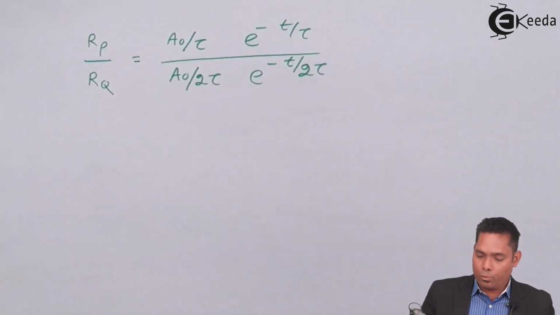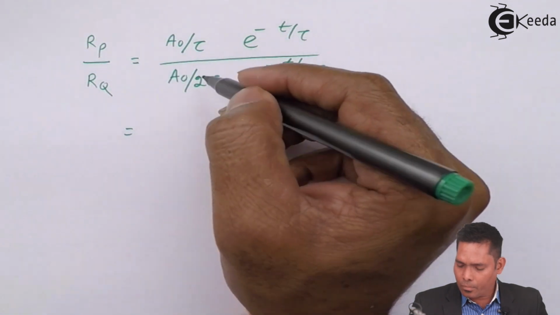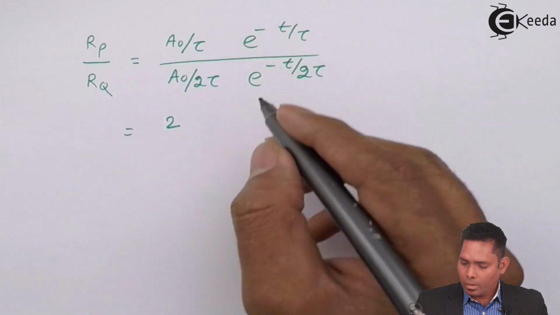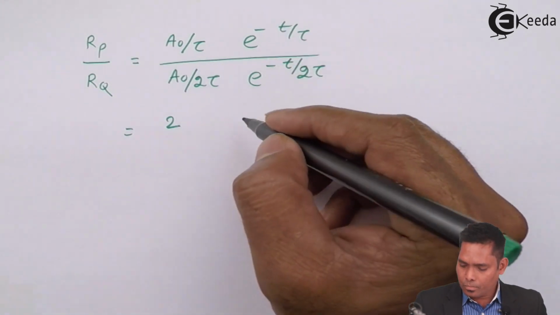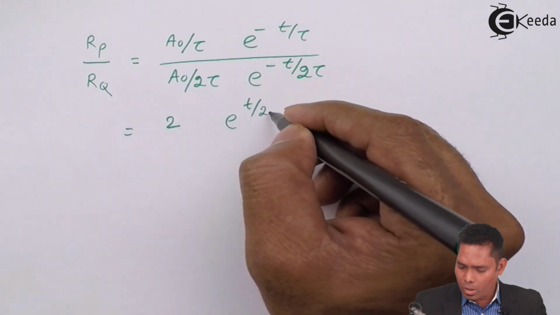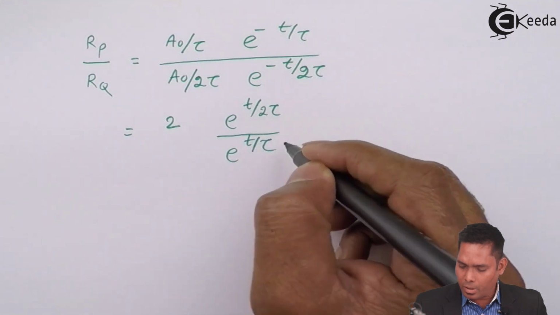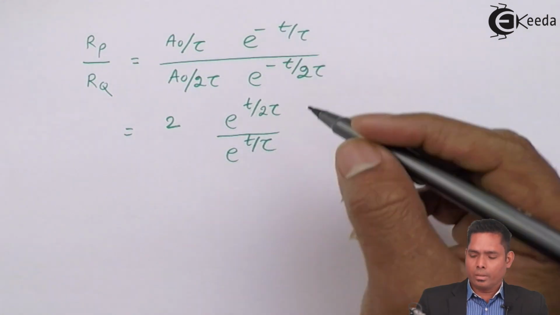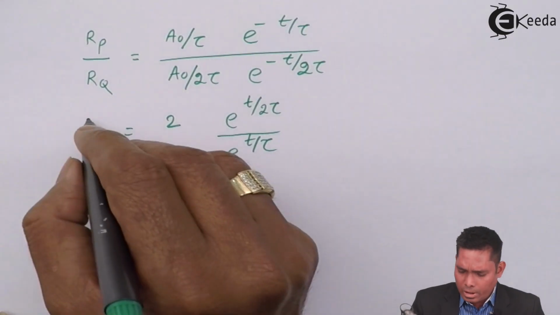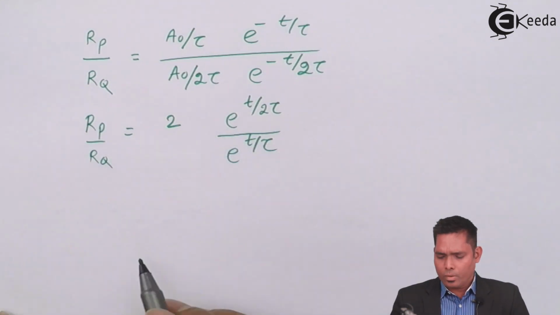Now if you solve this, A naught by tau will cancel, the 1 by 2 goes off and it becomes 2. Then e raised to power t by 2 tau divided by e raised to power t by tau. This will come down, this will go up. So this is the relation for RP over RQ.